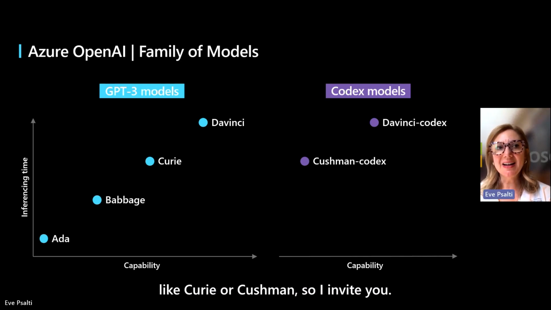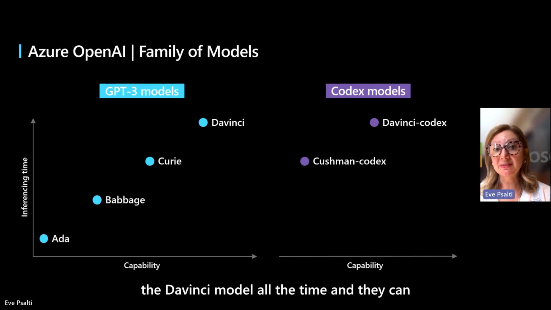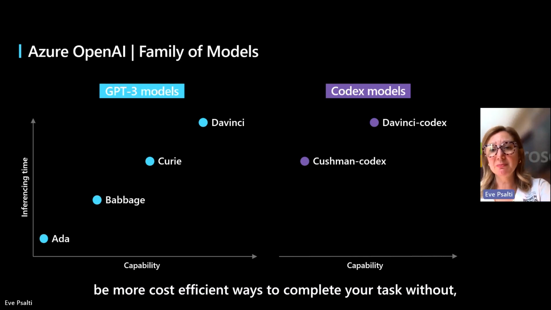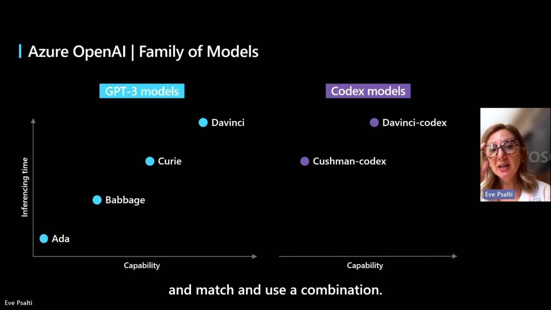So I invite you to explore different options because you don't have to use the Da Vinci model all the time, and there can be more cost-efficient ways to complete your task. And you can definitely mix and match and use a combination.